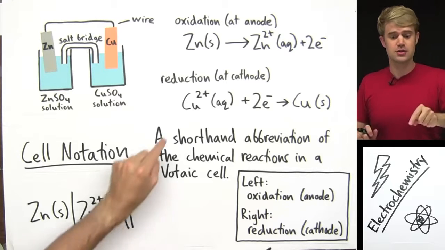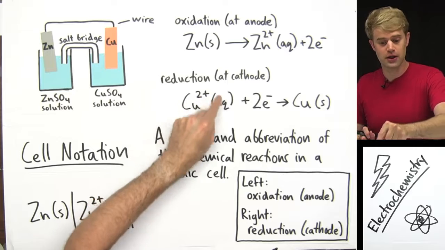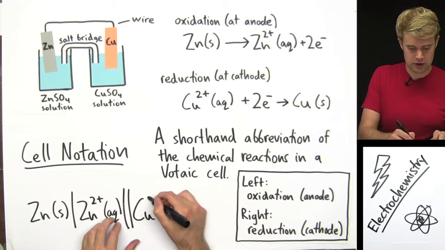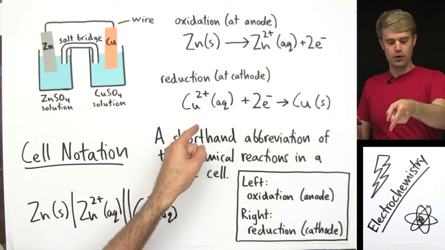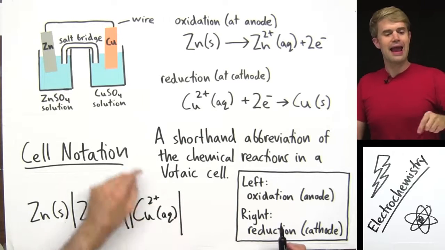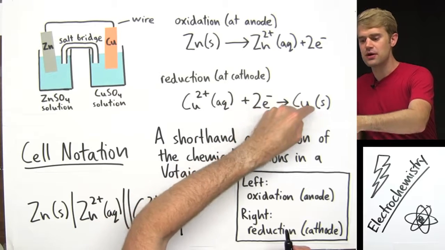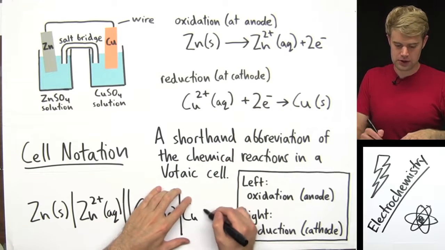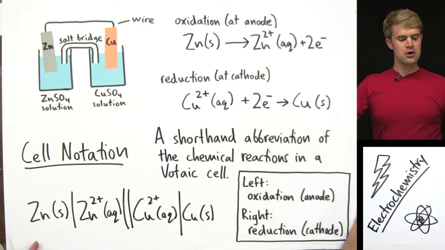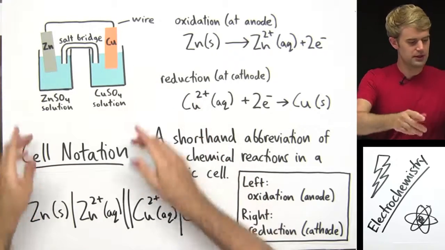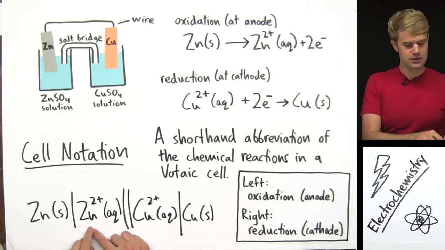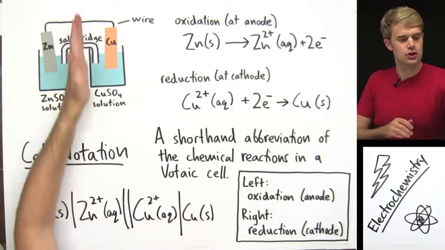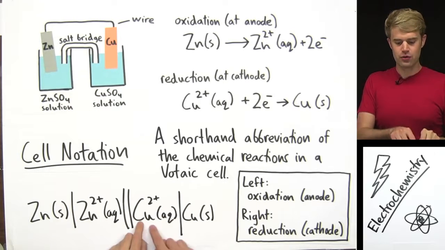So the reduction process begins with Cu2+ aqueous, and then I will put another one of these lines, and the reduction process ends with Cu solid. So this is how we can sum up what's going on in this voltaic cell using cell notation. We have the oxidation process, and then two lines showing the boundary, and then we have the reduction process.